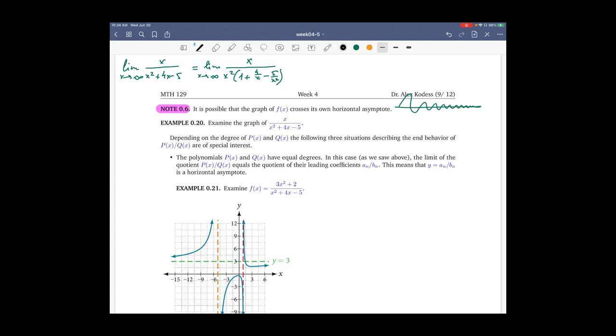When we cancel this x and x in the denominator, which is permissible because x goes to infinity, and in particular, it's safe to assume that x is not 0, we end up with the limit as x goes to infinity of 1 over x times 1 over 1 plus 4 over x minus 5 over x squared.